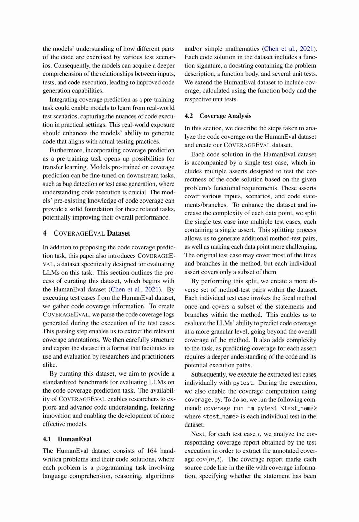This method improves the model's understanding of how different parts of the code are used in various test scenarios. As a result, the models can gain a deeper understanding of the relationships between inputs, tests, and code execution. This leads to better code generation capabilities. Incorporating code coverage prediction into pre-training allows models to learn from real-world test scenarios. This helps them understand the subtleties of code execution in practical situations.